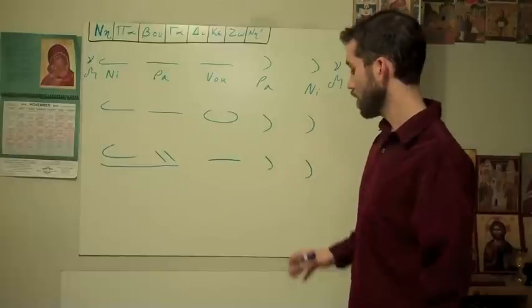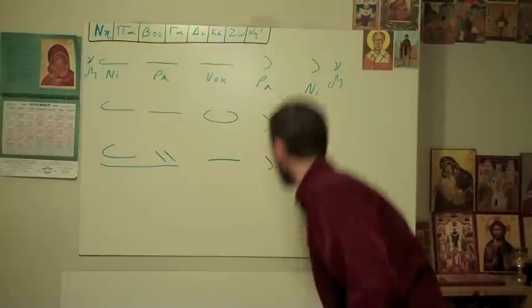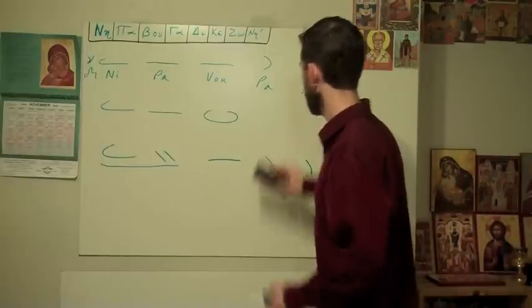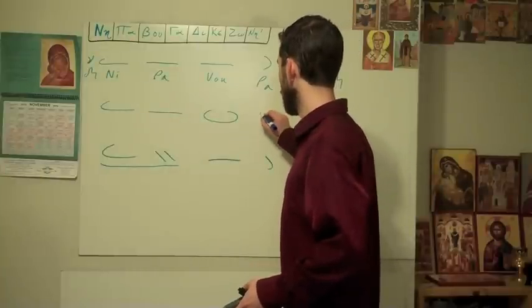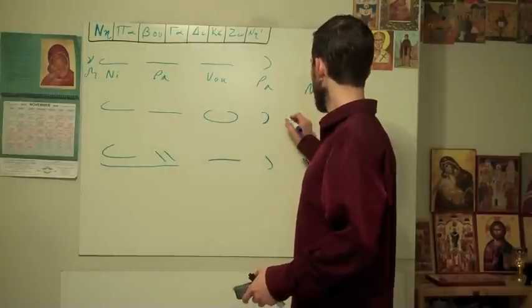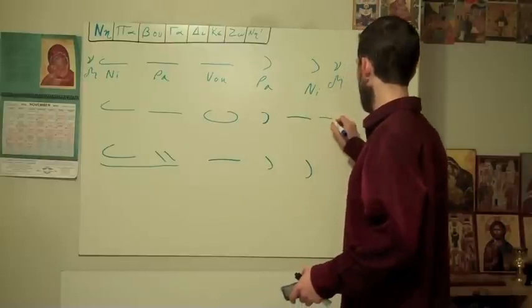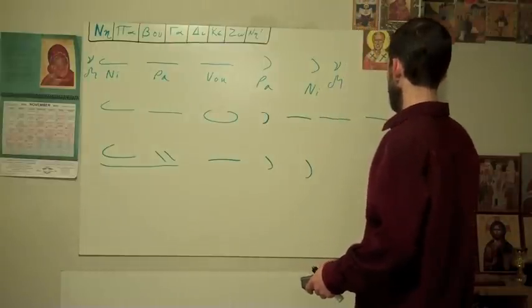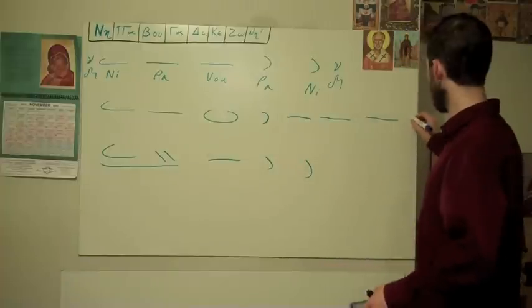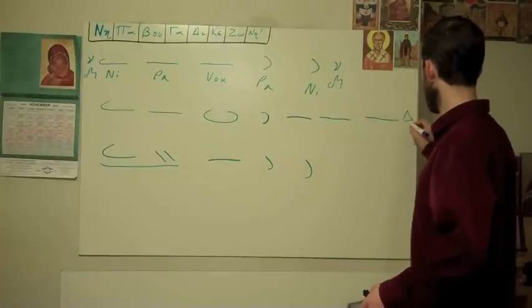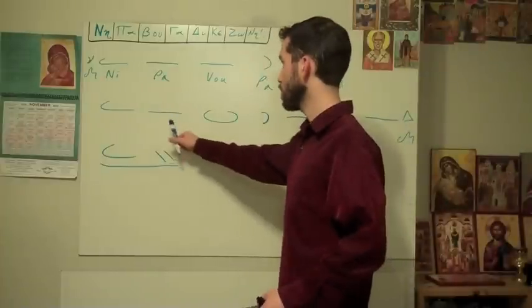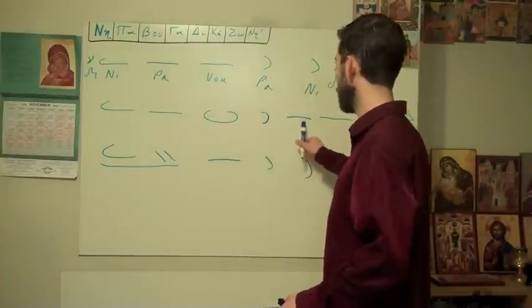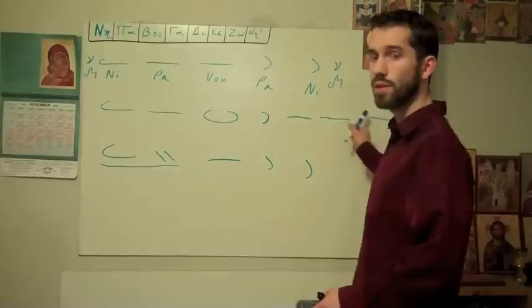Now as we're going there, if we were to change this such that we go ni, pa, vu, pa, vu, ga, di, we put a new symbol over here to tell us we're in the diatonic scale. And so then ni, pa, vu, ga, di.